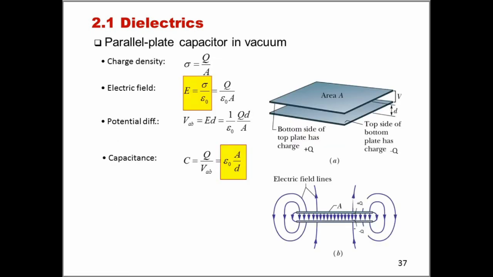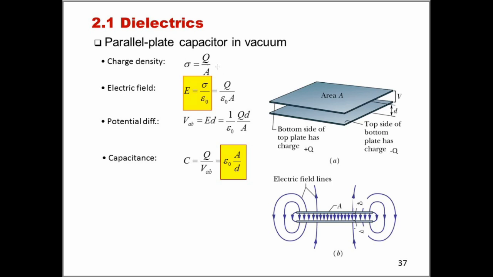So let's have a look in more detail at the parallel plate capacitor in vacuum. These are probably results that you know already. I'm just putting them here so that you have everything in one place. You must have seen these things in the last few years during your course of studies.